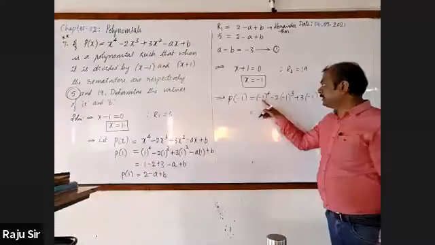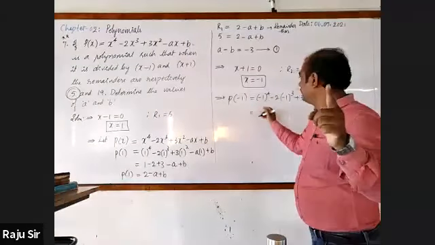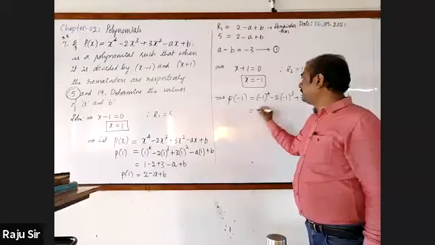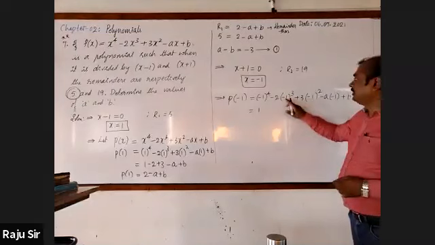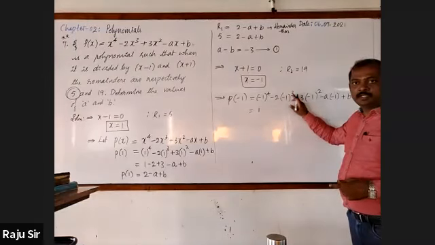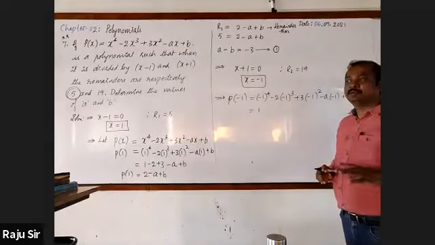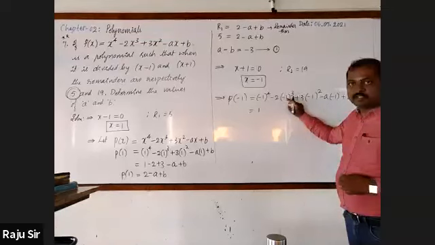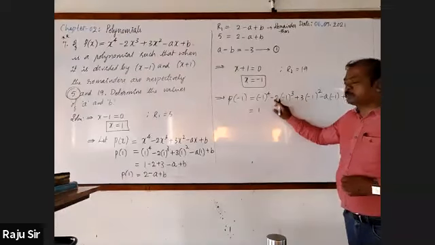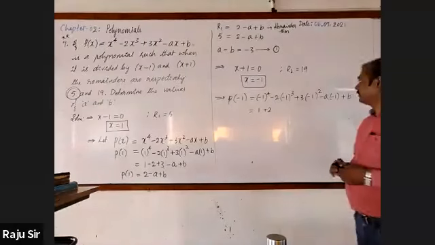What is the value of minus 1 whole raised to the power 4? As the power is even, it will be positive only, it is plus 1. Minus 1 whole cube is minus 1 because the power is odd. Minus 1 into minus 2 is plus 2.